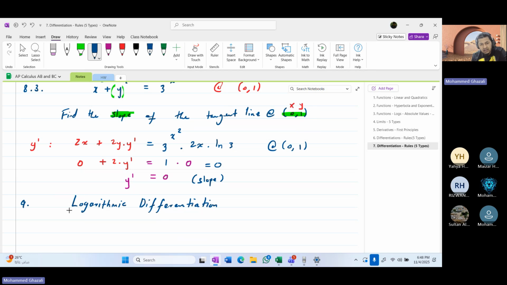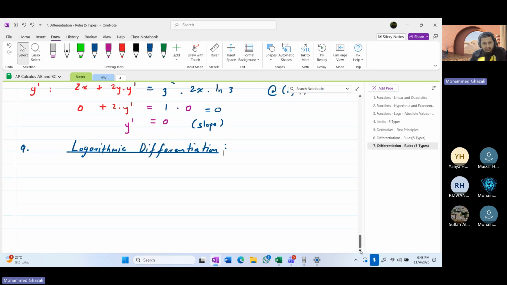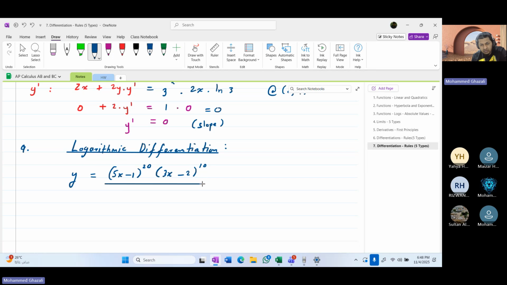Now, we have a problem with logarithmic differentiation because if I want to differentiate something like this, y equals (5x minus 1) to the power 20 times (3x minus 2) to the power 10 divided by (x squared minus 1) to the power 12, how am I going to do this?